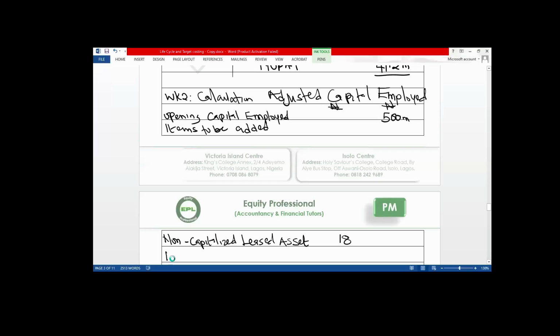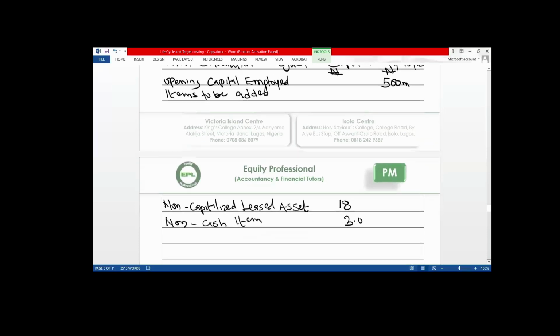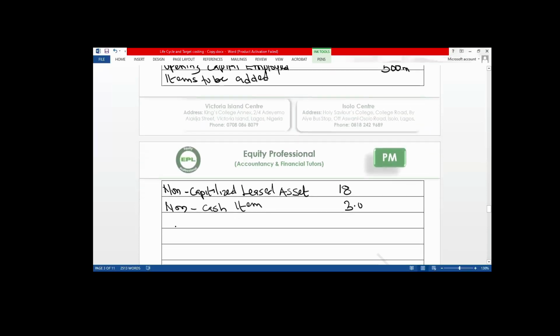Number 2, do we have non-cash item? Yes, we do. That is 3.0, 3 million. Thank you. Now, do we have increase in provision or decrease in provision? If there is increase in provision, you are going to add it.